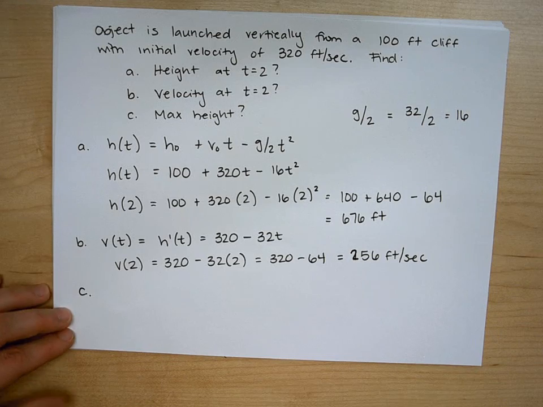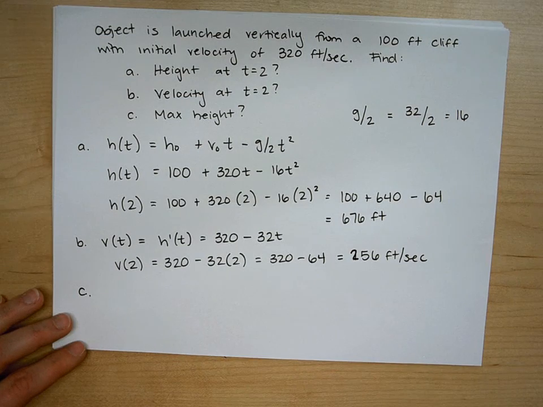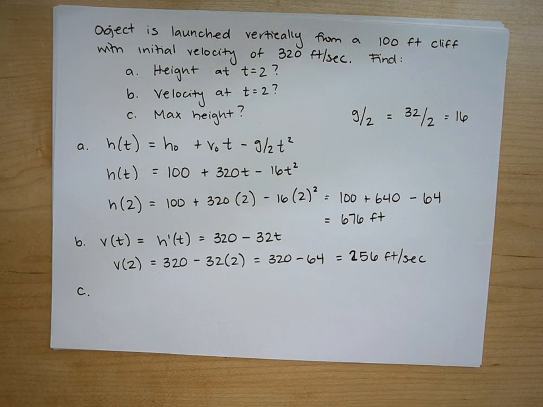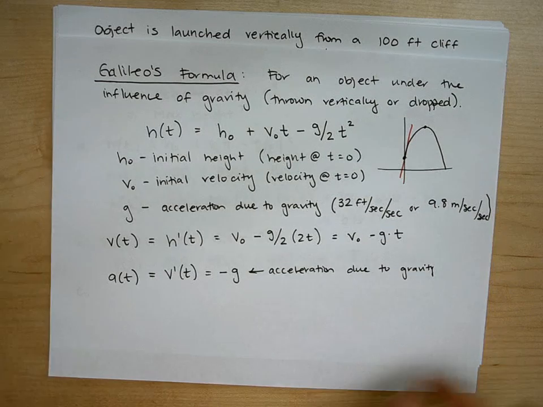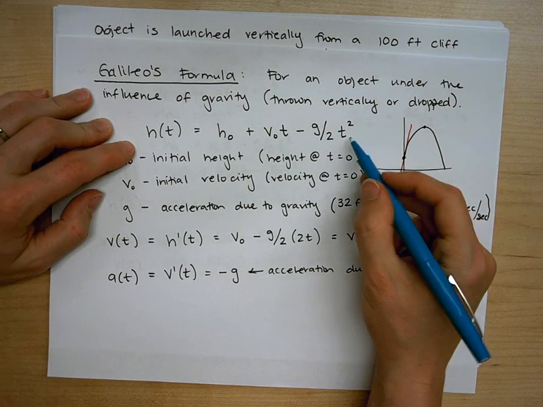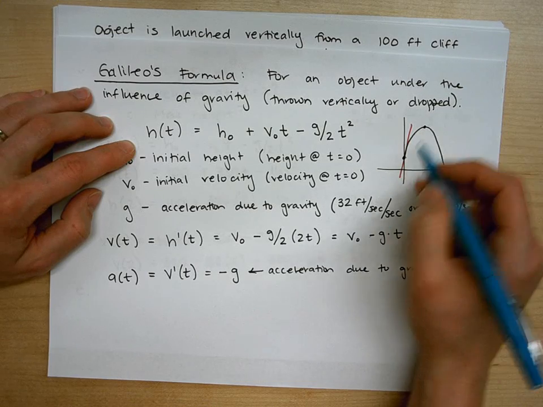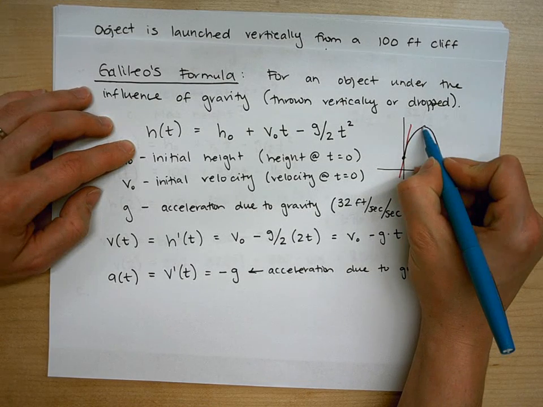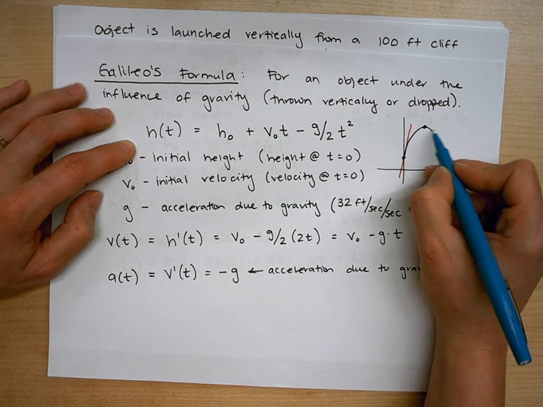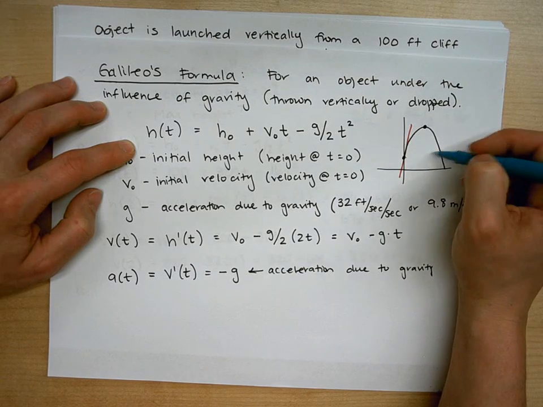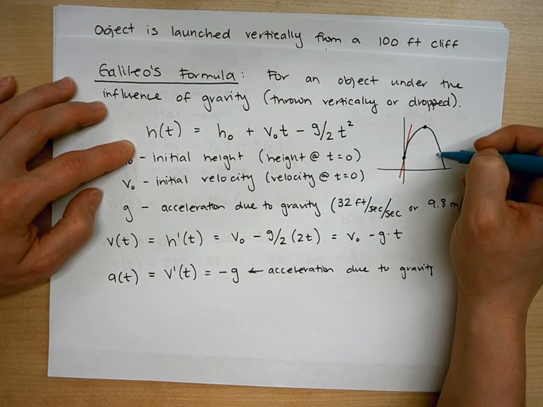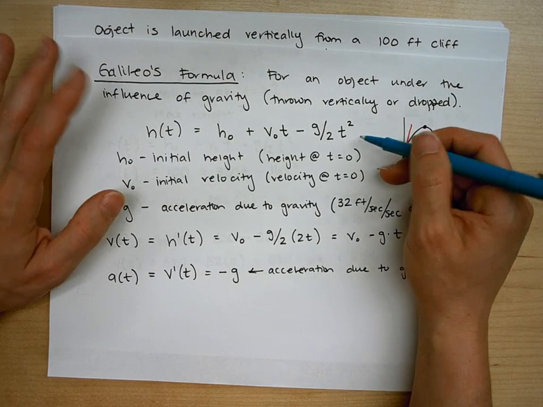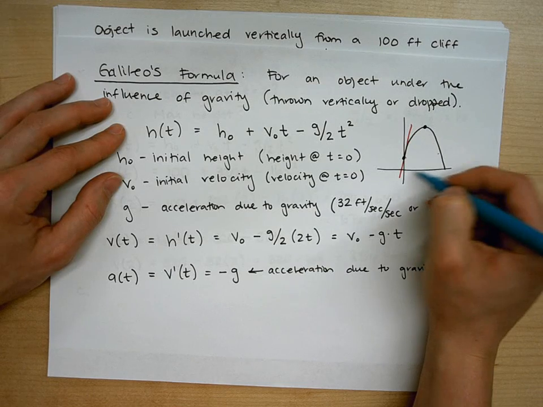Okay, so let's take a look at also the maximum height. Let's just come back here to the general picture that we had for an object under the influence of gravity. And I want to know what the maximum height is, and I can see that that's this point right here. Now, there are a few different ways of finding that point. You could use the quadratic formula to find the zeros and then go halfway in between.